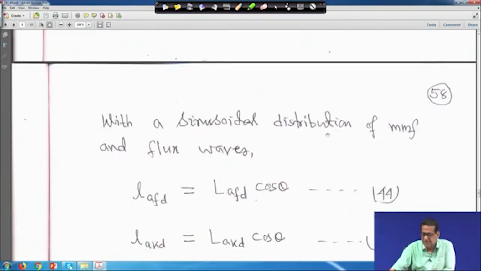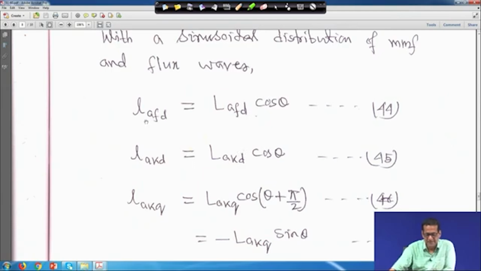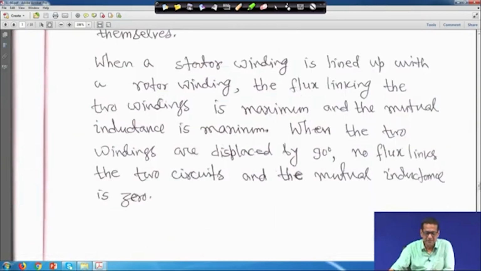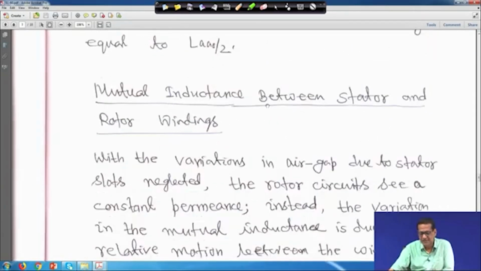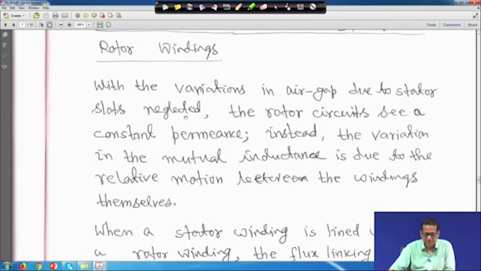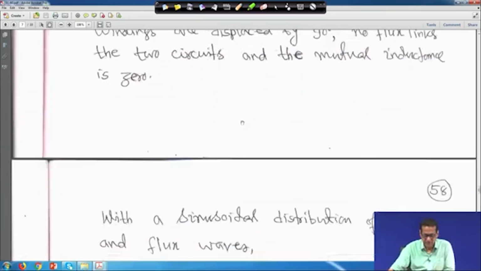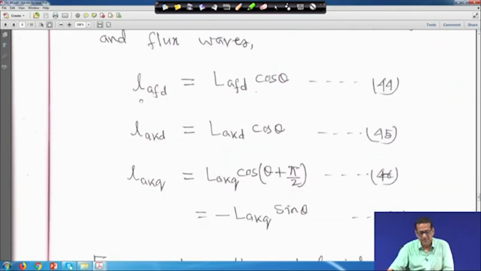Therefore, with a sinusoidal distribution of MMF and flux waves, we can write this. FD means field circuit, and this is the mutual inductance between stator and rotor windings, right. The field is on the rotor, and this is LAFD.